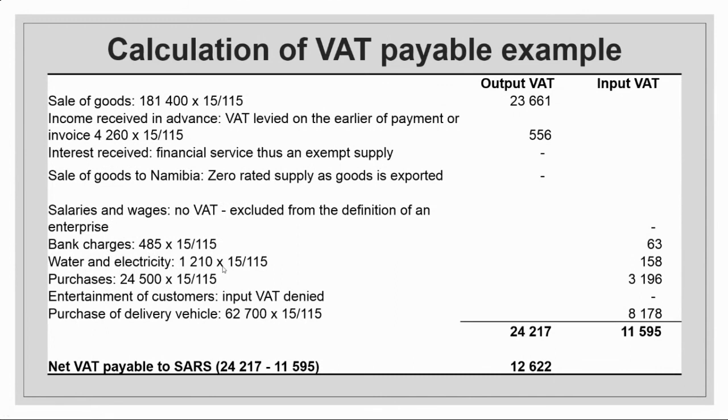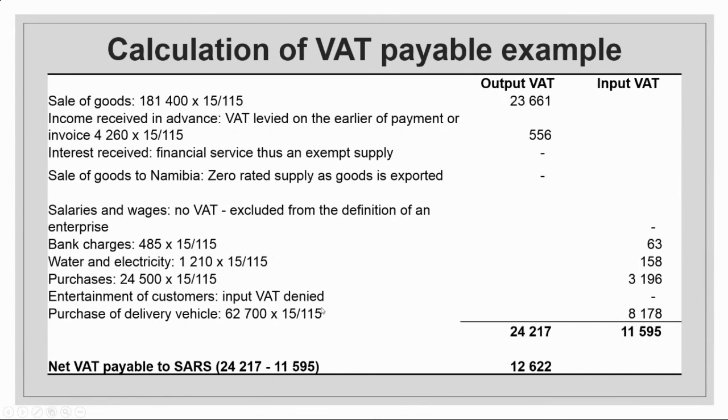If you see rates and property in a question, that is an exempt supply. They generally give you the water and electricity and property rates as one amount, and then you have to split it out when we get to more complex questions like this. Then purchases, standard rated. Now entertainment, this input VAT is denied.